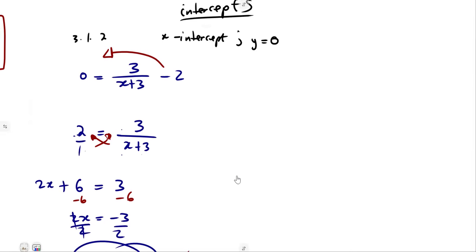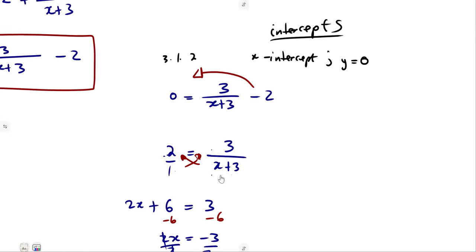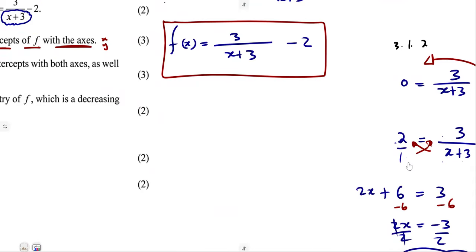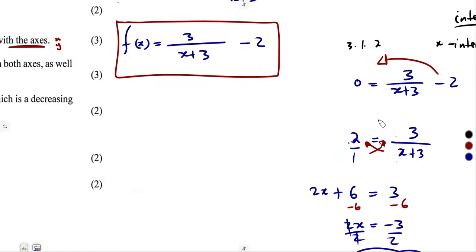And for the y-intercept, we have got the same condition for letting one of the terms, one of the letters, be equal to 0. So this time it is x which must be equal to 0 in order for us to have the y-intercept. So y is equal to 3 over, in place of x, you put a 0 there, so that's 0 plus 3, minus 2.